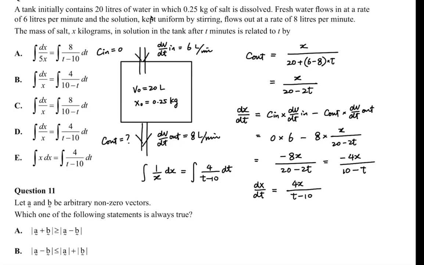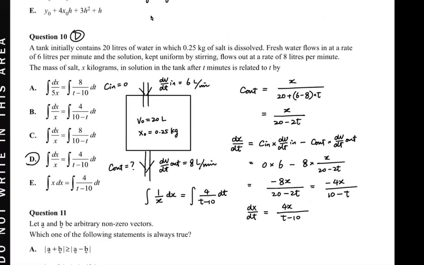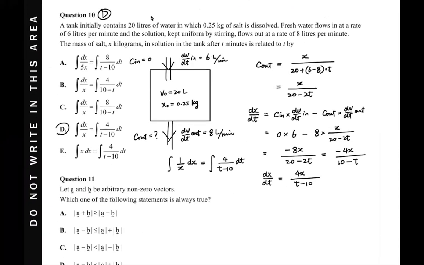This should be option D. Alrighty, so that's how we derive the relation between x and t using separation of variables. You need to know your concentration out and the way to derive dx/dt by doing rate in minus rate out, okay?